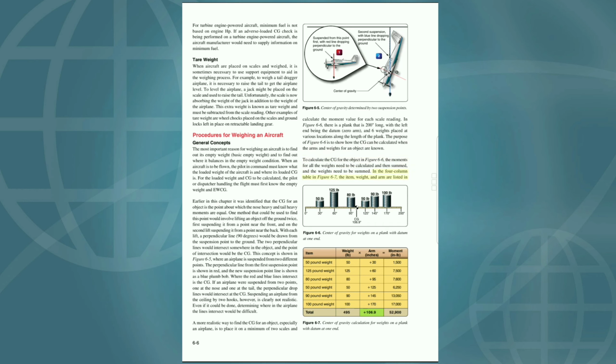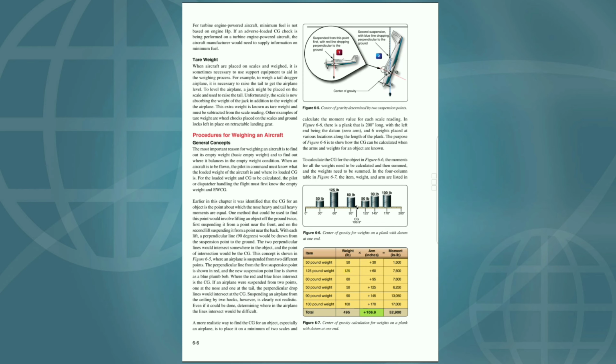In the 4-column table in figure 6-7, the item, weight, and arm are listed. The weights are 50 pounds, 50 pounds, 125 pounds, 100 pounds, 90 pounds, 80 pounds, with arms of 0, 30, 60, 95, 200, 125, 145, 170. CG 106.9. Figure 6-6. Center of gravity for weights on a plank with datum at one end. Item: 50 pound weight, 125 pound weight, 80 pound weight, 50 pound weight, 90 pound weight, 100 pound weight. Total. Weight times arm equals moment.